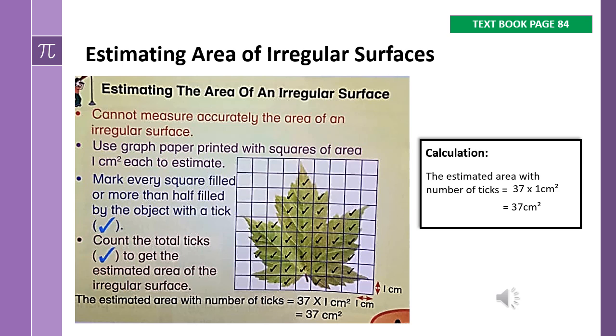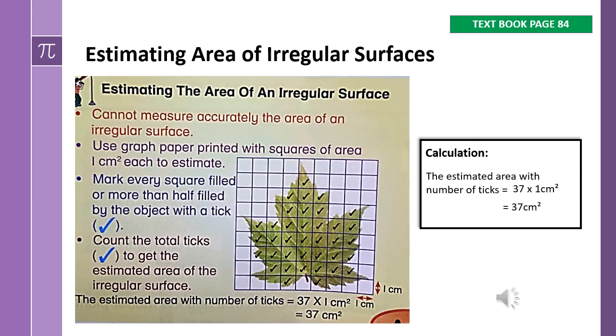Now, how do we calculate it? If you see the picture in this slide, it's a picture of a leaf. So the instruction here is to mark every square filled or more than half filled by the object with a tick.